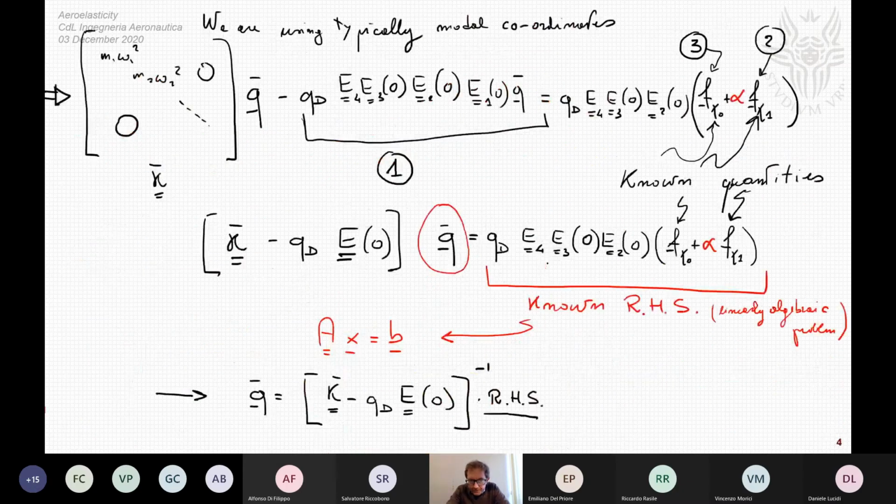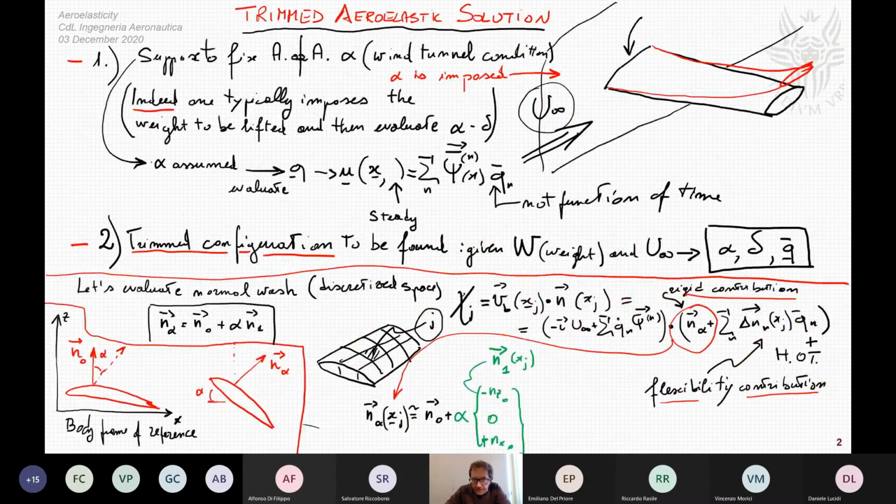Remember here, yesterday we defined this contribution as the contribution due to the rotation of the surface. In this case, yesterday we considered a global rotation of the wing by an angle of attack, but you can specialize this concept on the control surface only, not all over the body, but only on the control surface.